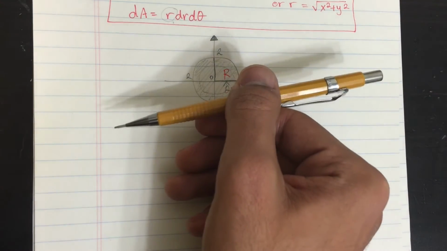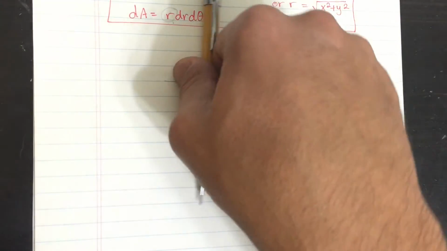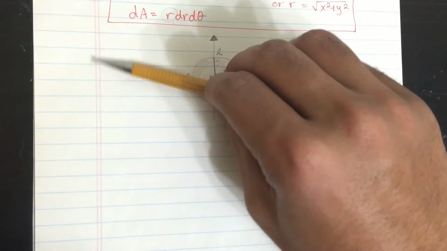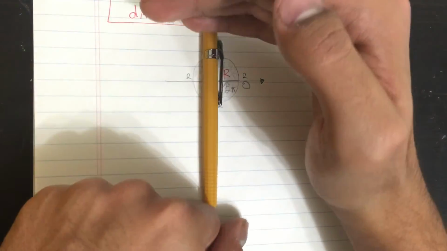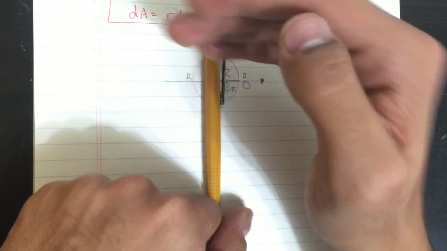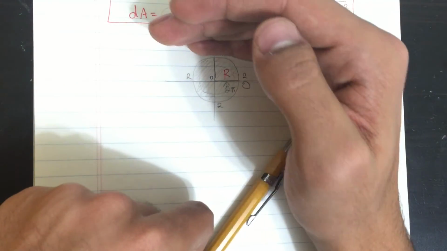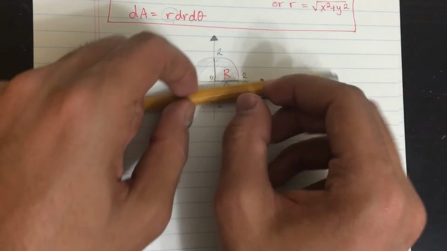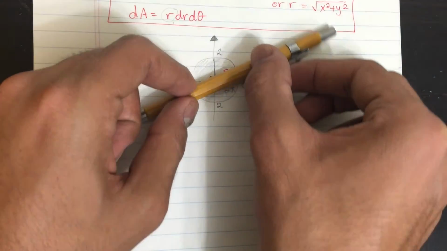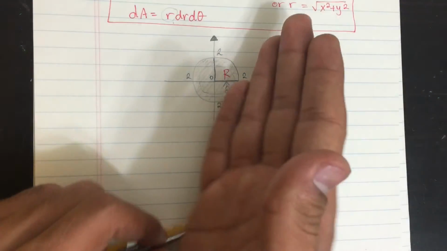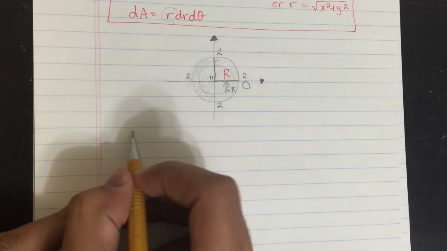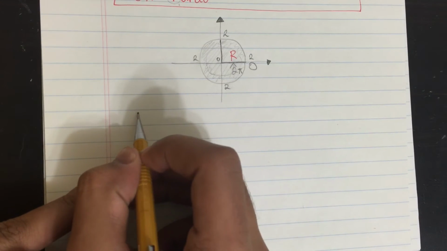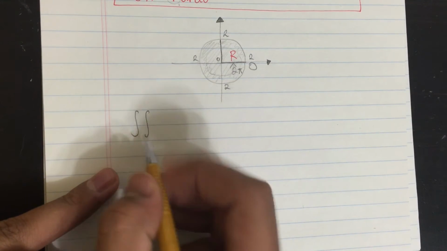So we're kind of scanning along this 2 pi direction, and we need a limit, a thing that limits us in terms of length. So our length is going to be from 0 to 2, and then you're going to have to imagine that we're moving this way. So we're scanning the first quarter, and then the second, and then the third, and then the fourth.